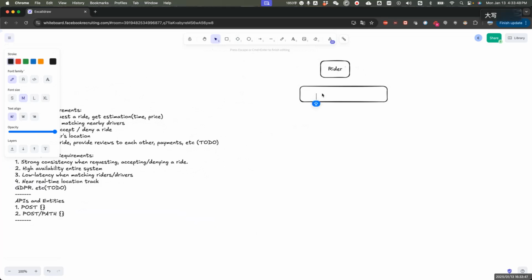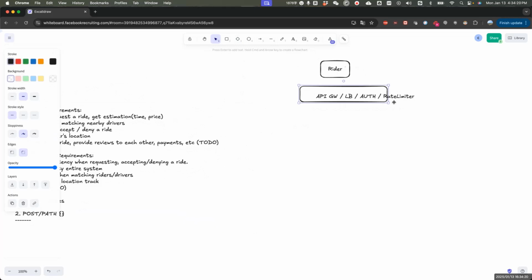So we could use an API gateway, for example an AWS managed API gateway that has load balancing functionalities, authentication and authorization, and potentially rate limiting functionalities. I'm gathering these functionalities all together.